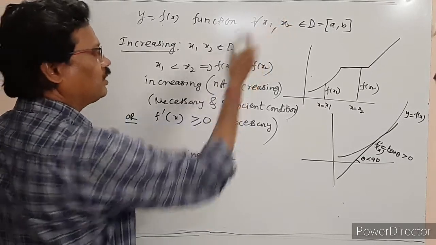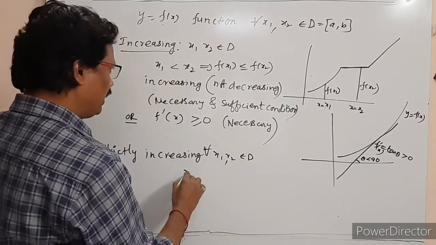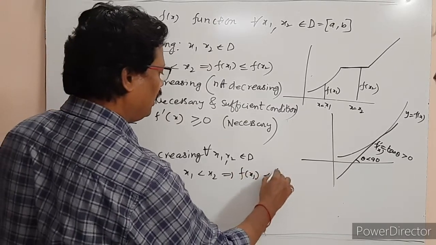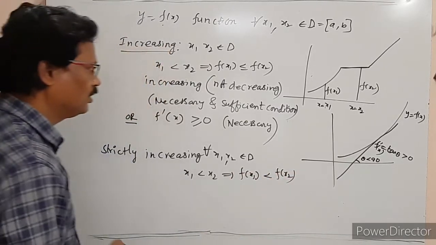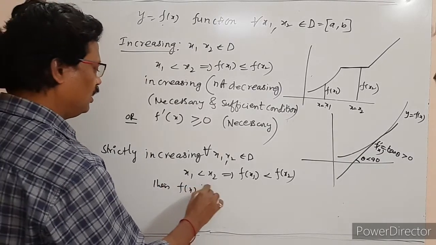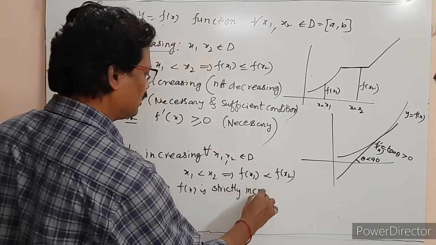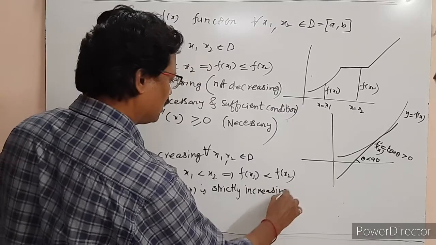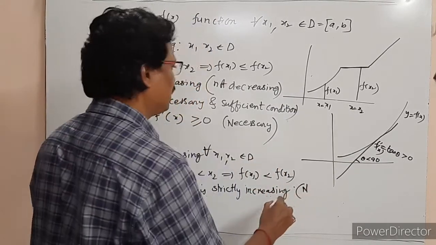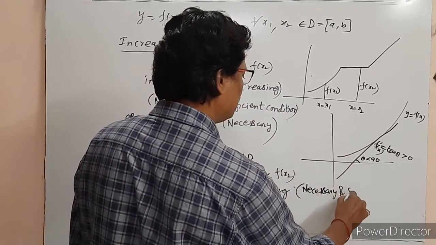For every x1, x2 belonging to the domain, if x1 less than x2 implies f(x1) only less than f(x2), then f(x) is strictly increasing. Now this is called a necessary and also sufficient condition.